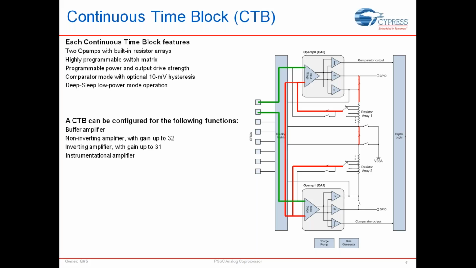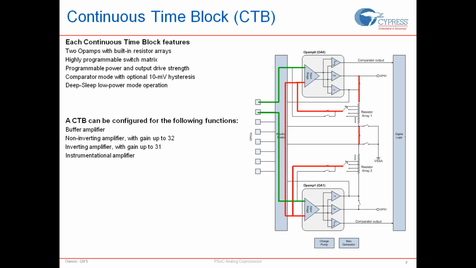So basically, nothing is active as far as your system is concerned, and you have to wake up from sleep every once in a while or based on an event to really do something with the system. The advantage of having the CTB work in deep sleep mode is that the CTB can be used as a means of detecting or responding to an analog event, and thus wake up the device.